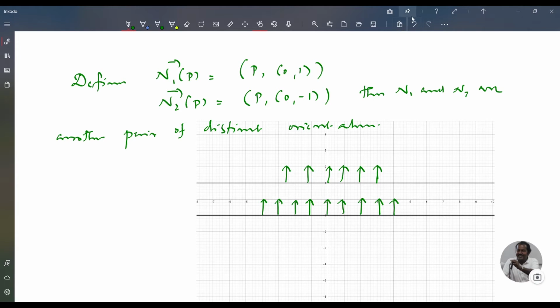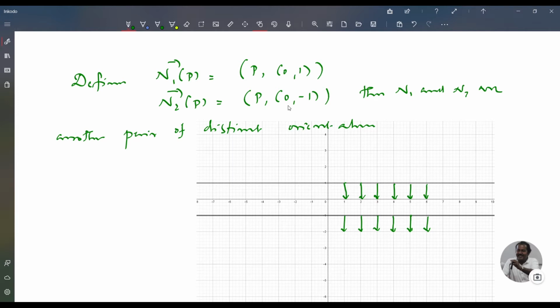And another pair, n2 of p: at each point you are assigning the vector (0, minus 1), like this. At each point p on the surface you are assigning (0, minus 1). So this is an orientation.